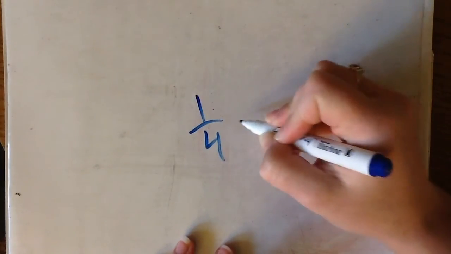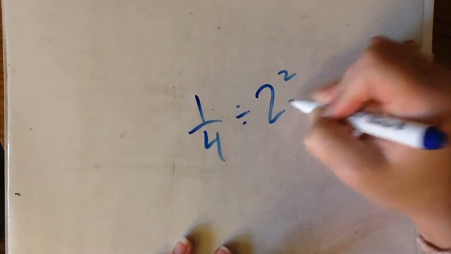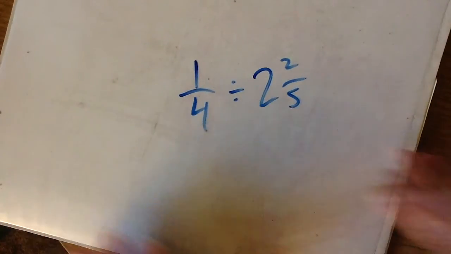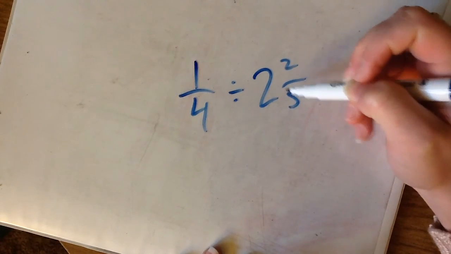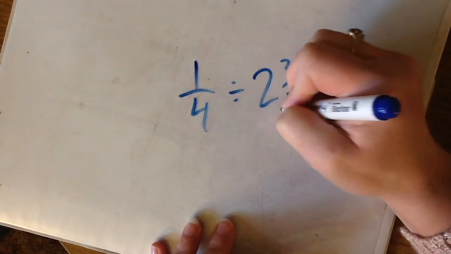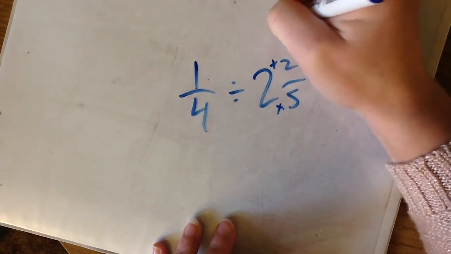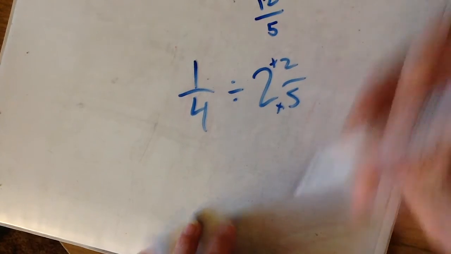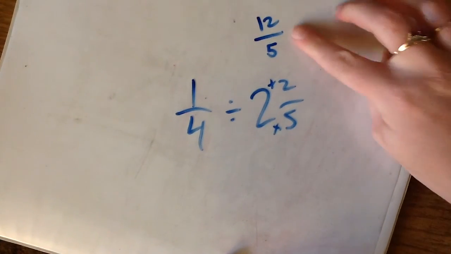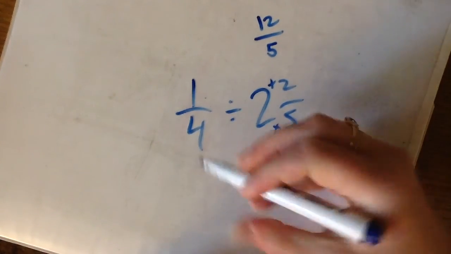Last one, 1/4 divided by 2 2/5. I will want to turn this 2 2/5 into an improper fraction in order to do this division. Multiply, then add, so the bottom does not change. 2 times 5 is 10, so that'll be 12 over 5. Now we'll flip the 12/5 in order to do the multiplication.